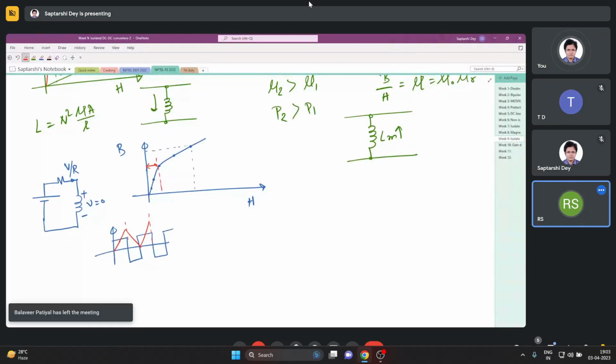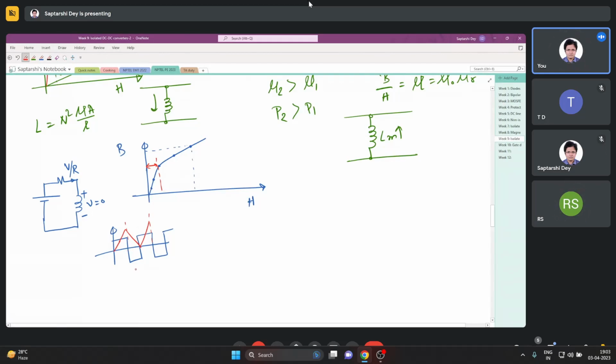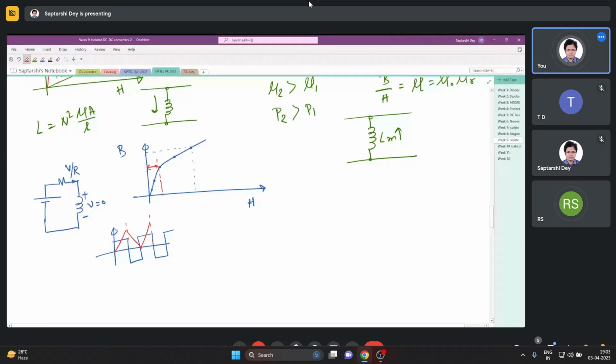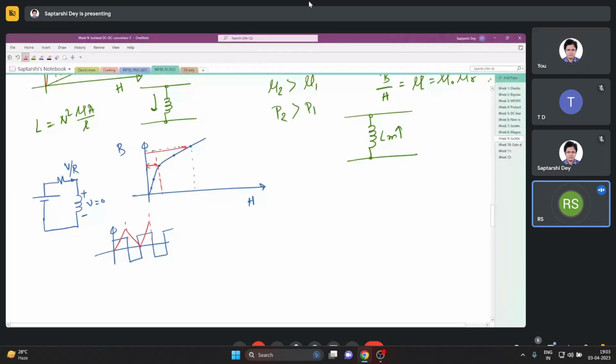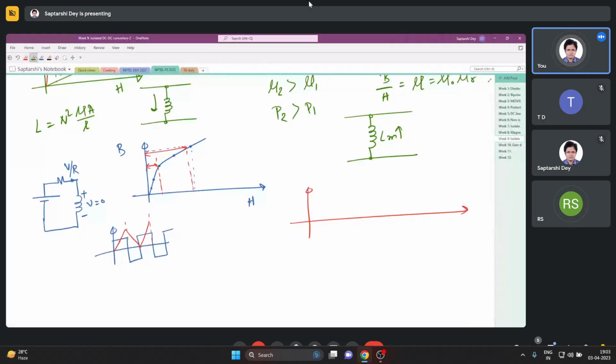Now suppose this voltage is so large, and maybe this inductance so small, that it does not restrict the current swing and the current swings in this range.